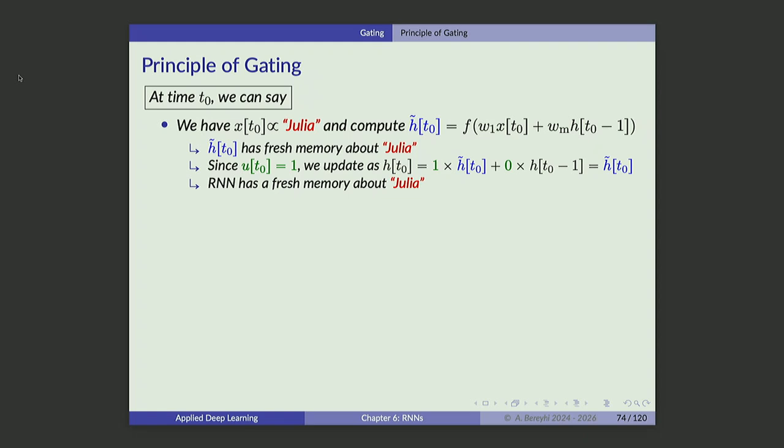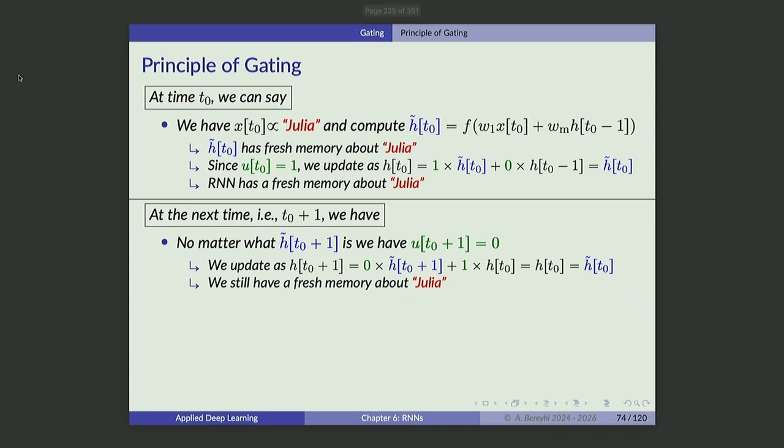Okay? Everybody's cool? Now, what's going to happen at the next time? The next word is happening, so my h tilde is going to be computed in terms of that new word, and it's going to have the impact of Julia less stressed, because Julia is now in its memory term.